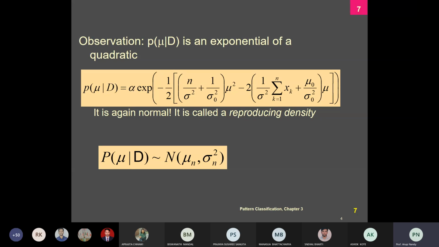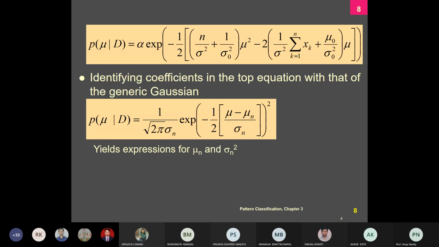Here mu_n and sigma_n square can be found if you simply equate the coefficients in equation number 29 that we already explained with the corresponding coefficients in the Gaussian. Then you are going to get these equations.